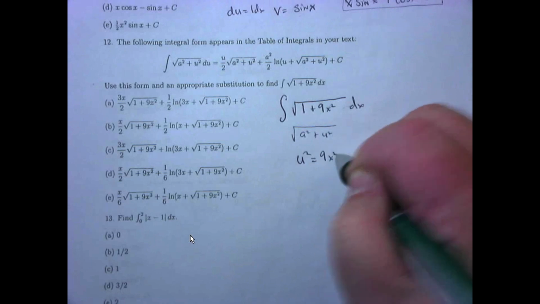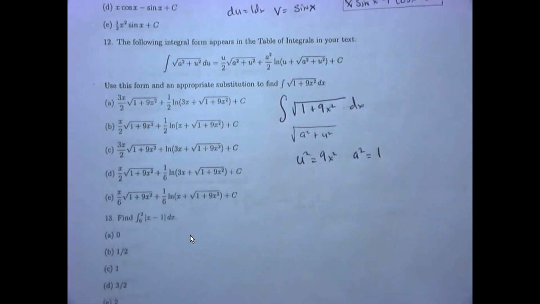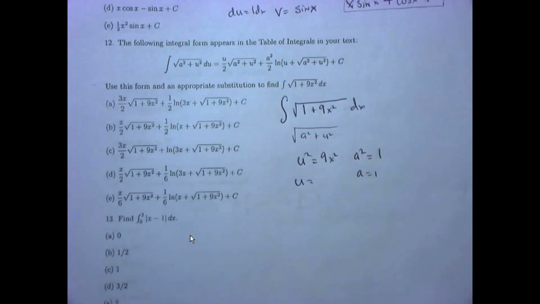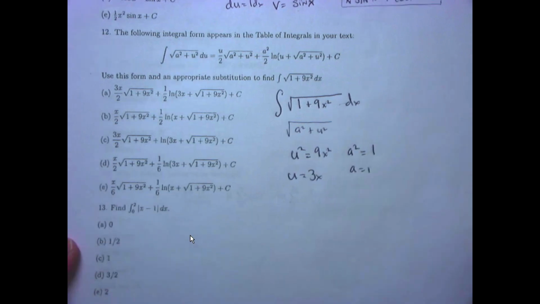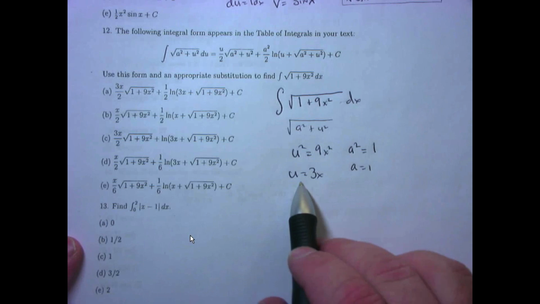The u squared is the 9x squared. That's the variable part. That also makes a squared equal to 1, which makes a equal to 1, and it makes u equal to what? If u squared is 9x squared, what would u have to be? 3x.